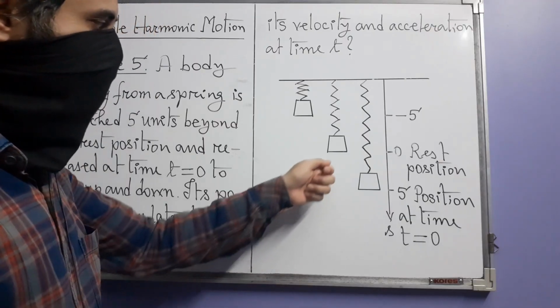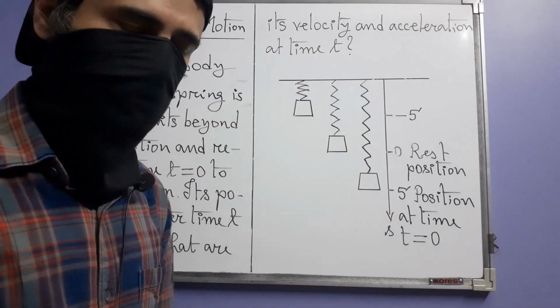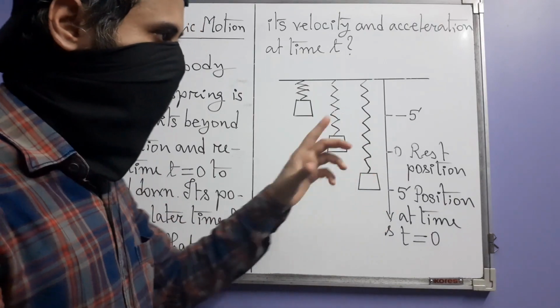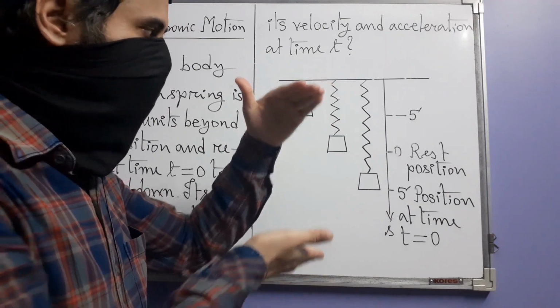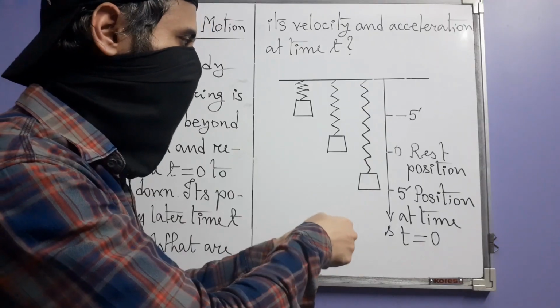And then what you did, you pulled it by 5 units. So the spring gets stretched, and if you then release the body, the stretched spring will try to assume its original position back, and in doing so it will pull the body up.